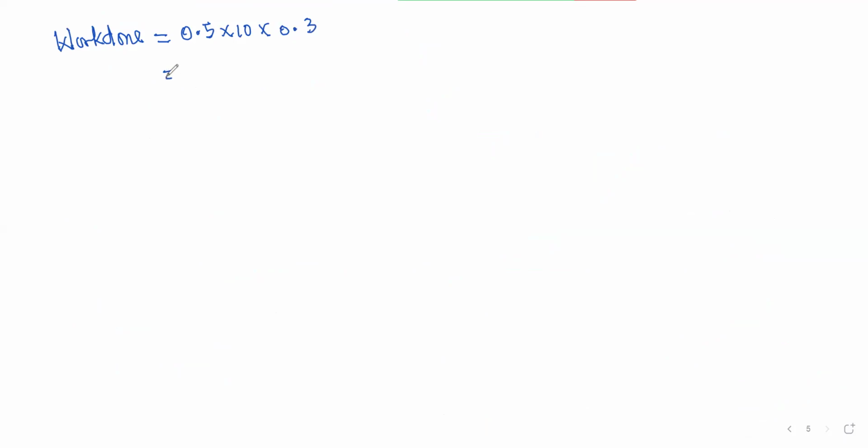So you put them together and you are good to go. Determine 0.5 times 10 times 0.3. Please calculate that for me. 1.5. 1.5 Joule. That's the work done.